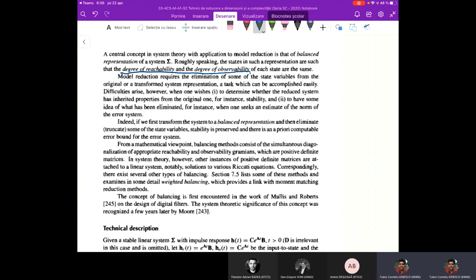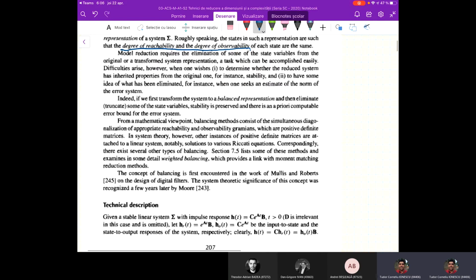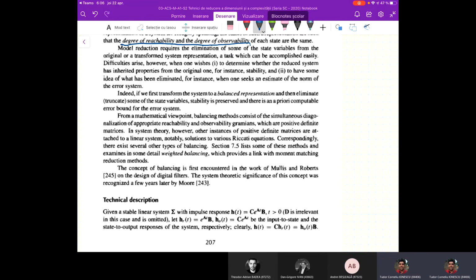I mean, they are not necessarily the same, however, they are represented by the same quantity, the Hankel singular values. And it's explained here how the approximation goes, and what the criteria are for an approximation to be good. It's very nicely explained. I really invite you to read this part very carefully.